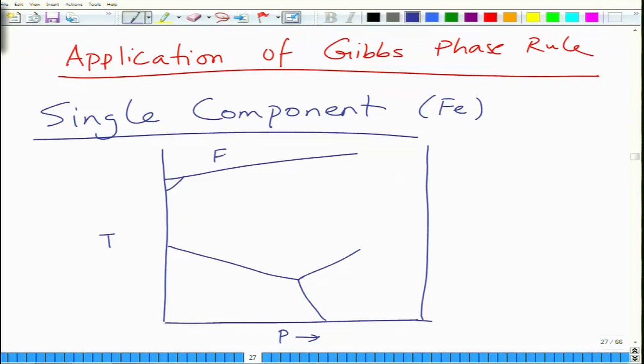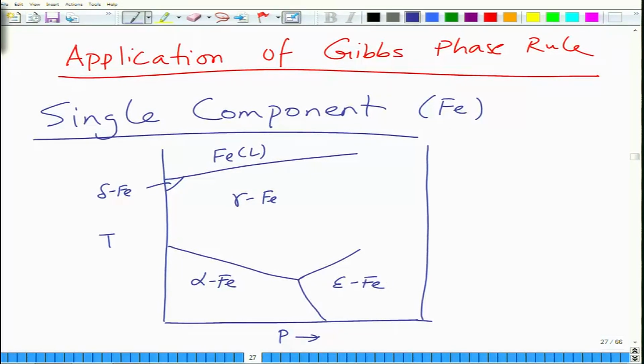Right, so this is Fe in liquid state, this is delta Fe, this is gamma Fe, this is alpha Fe, and this is epsilon Fe. So this is pure Fe.